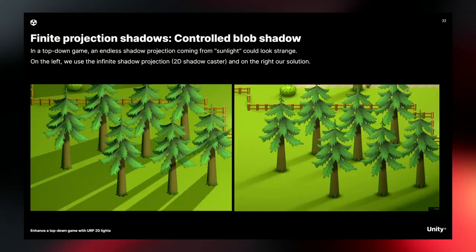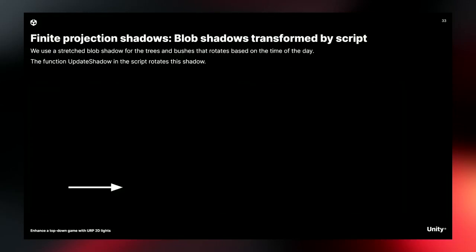But the infinite shadow is not perfect, and so sometimes it won't work for everything. The image on the left is with the trees using the infinite shadow. As you can see, some of the shadow behavior doesn't look 100% natural going through each other. So the team found a technique of basically using a blob shadow on the trees to simulate what you would see in a forest without having the negative effects of the infinite shadows.